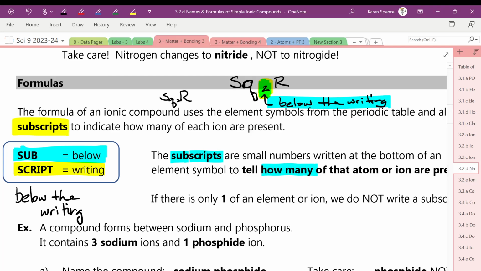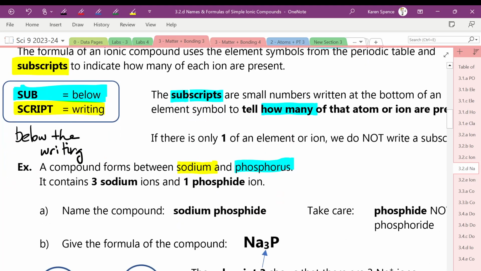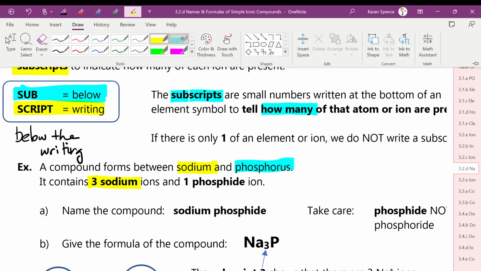So let's say that we have a compound between sodium and phosphorus. I'm just telling you, at this point you don't know how to figure this out, or maybe you do, maybe you're really clever. A compound between sodium and phosphorus contains 3 sodium ions and 1 phosphide ion.